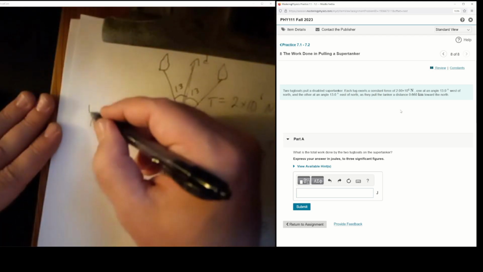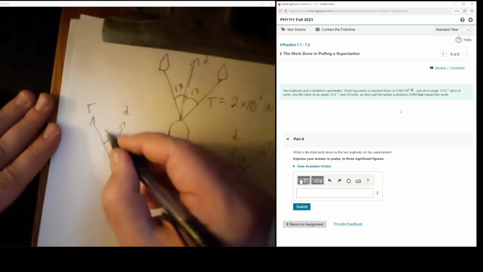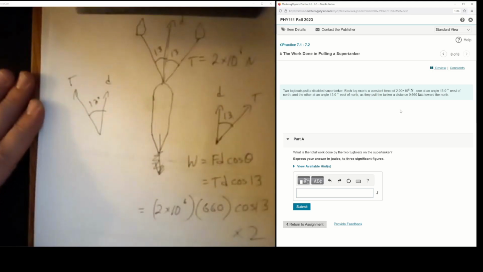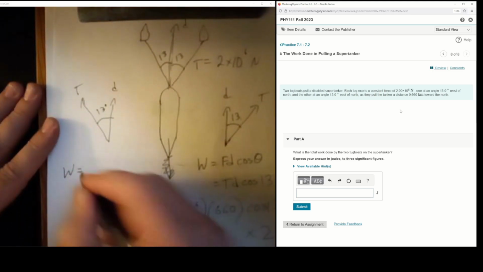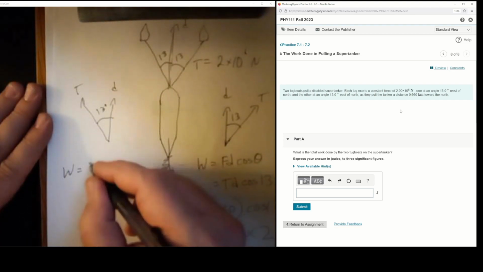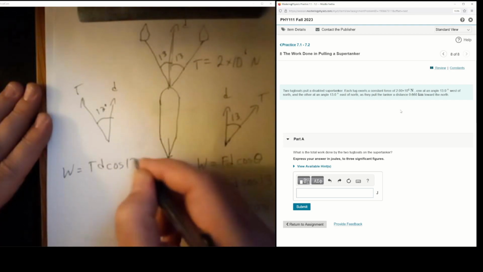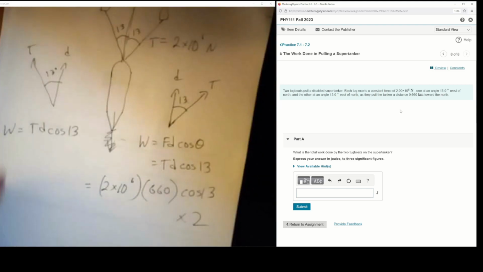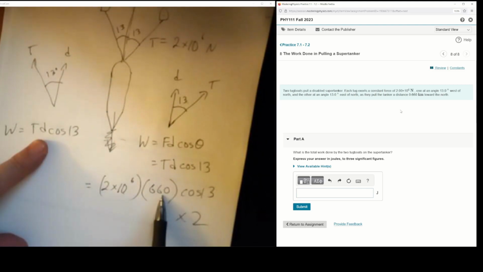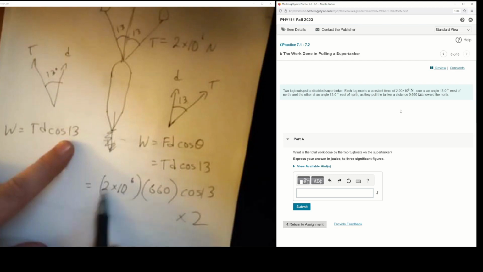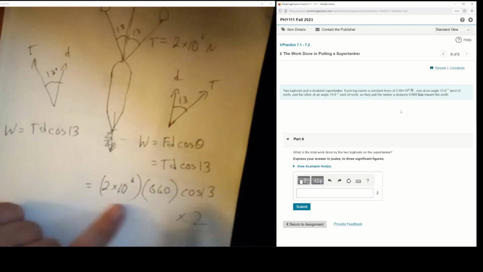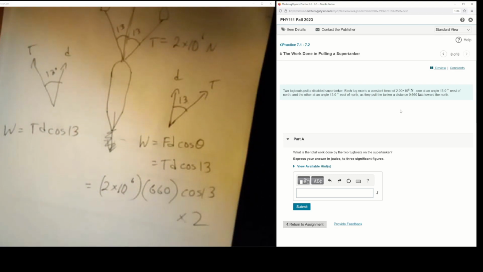Or if you aren't satisfied with that, you can do the other tugboat. Here's our displacement, here's the tension. Again, the angle between them is 13 degrees, and we will get exactly the same formula: tension, displacement, cosine 13. We've got 2 of these, so we can just solve this once and multiply by 2.